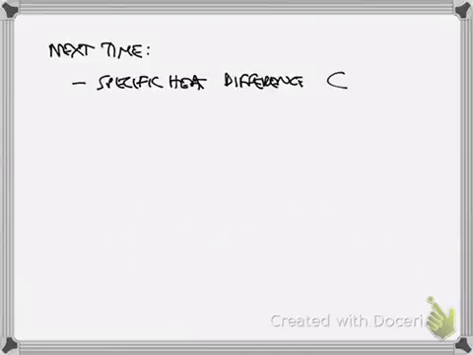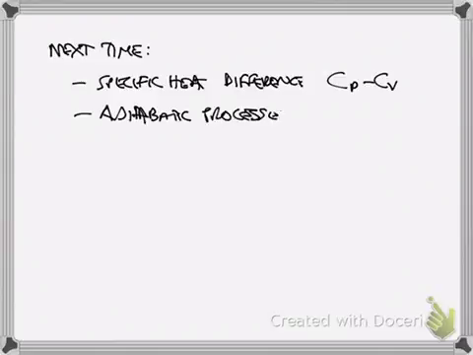So really, what is Cp minus Cv? We're going to figure that out. We're going to talk a little bit about adiabatic processes. And what I mean by that is we're actually going to see, remember I asserted things like PV to the gamma was a constant. We're going to show that. We're going to show that that's true.